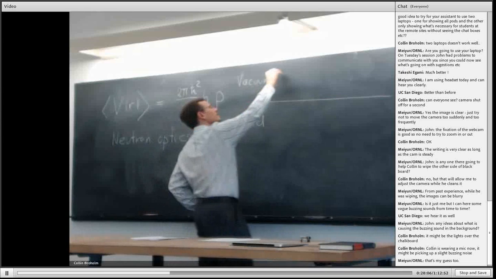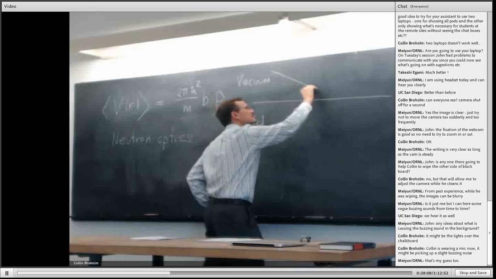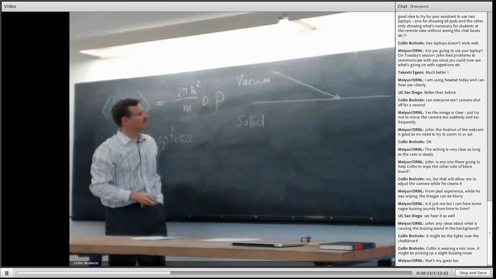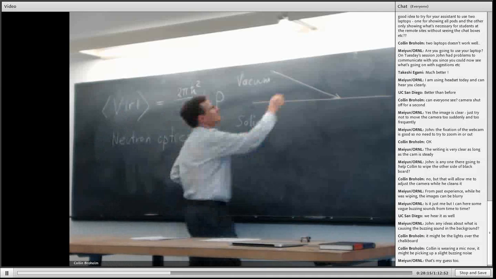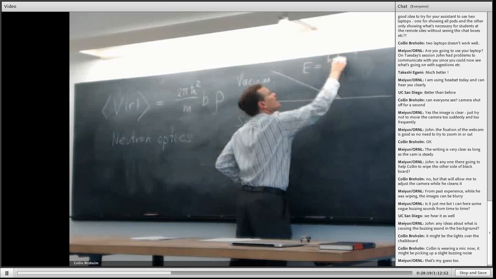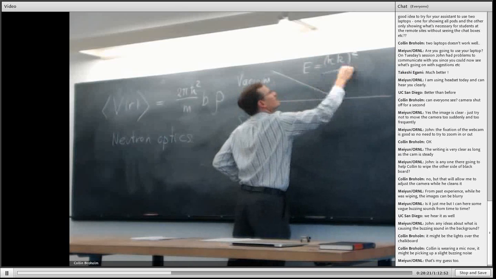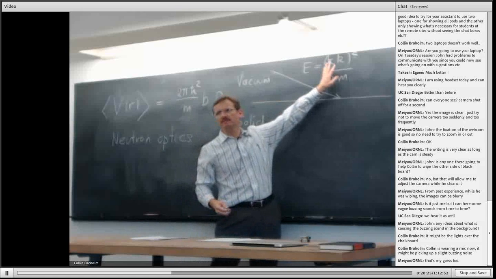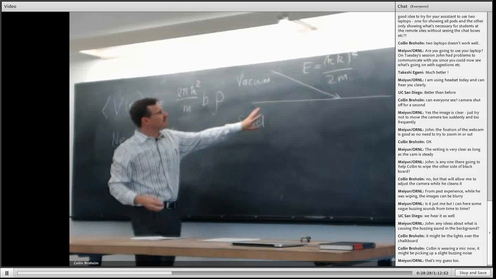And let's think about a neutron beam incident onto this interface as such. It'll start off with a kinetic energy equal to h bar k squared over 2m. And that will be the wave vector within the vacuum for this neutron. And then it has to enter the solid.